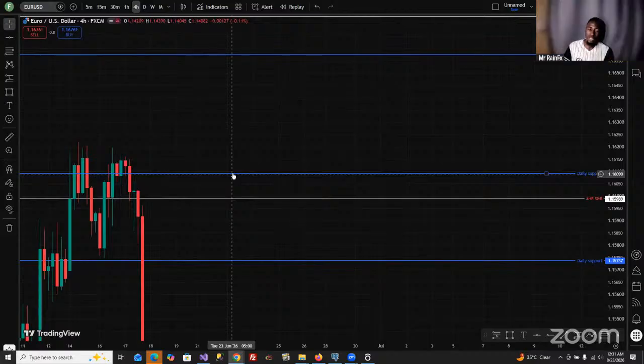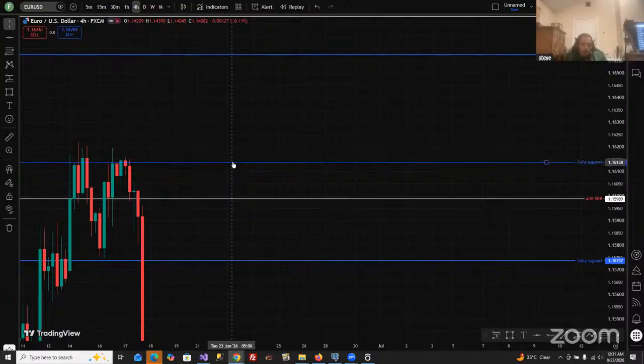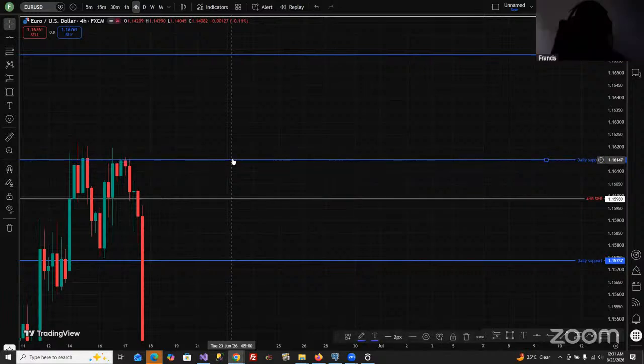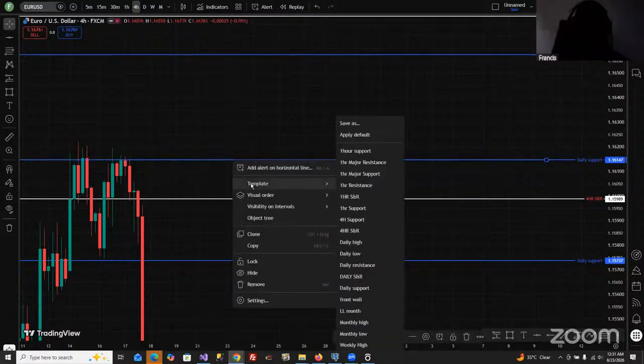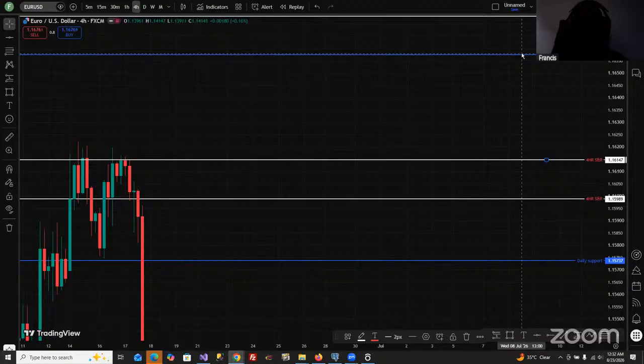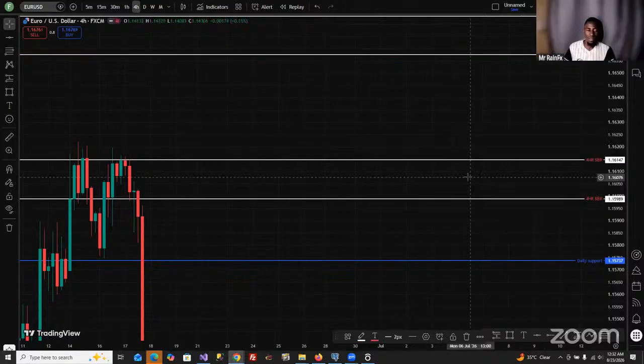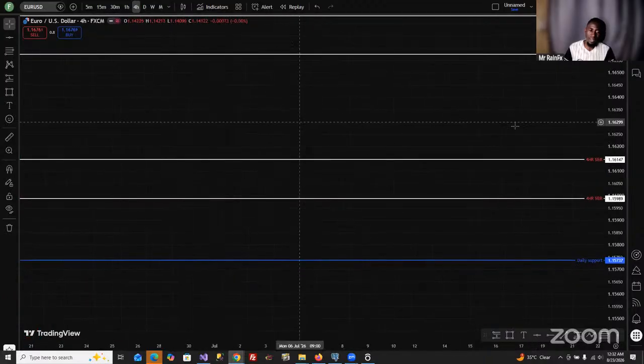Yes, you have to change it. If you move it on the 4-hour, you have to change it to a 4-hour support line. So even this one, as I'm moving it this way, I have to change it now. Yes, put it as 4-hour support. That's true, Steve. Very nice reminder.